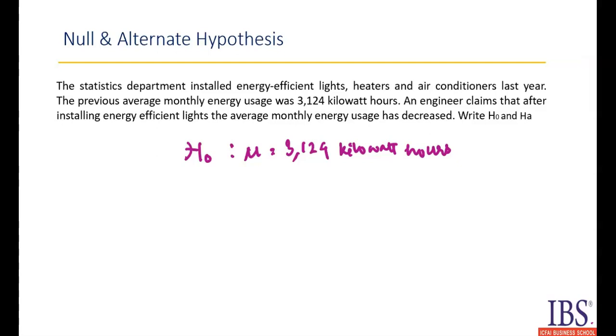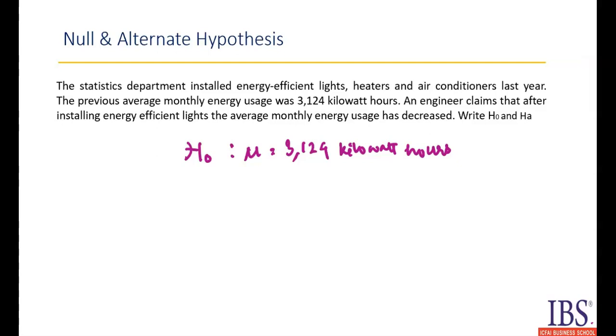But now an engineer claims that because of energy efficient equipments, that is by using energy efficient lights, heaters and air conditioners, the energy consumption has gone down and that it is not what we were previously consuming.